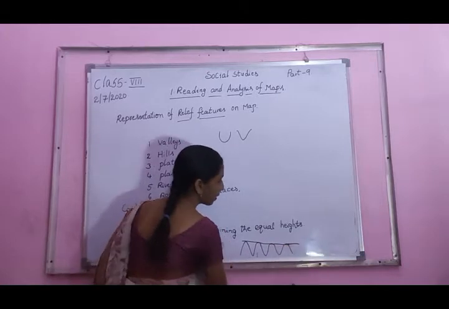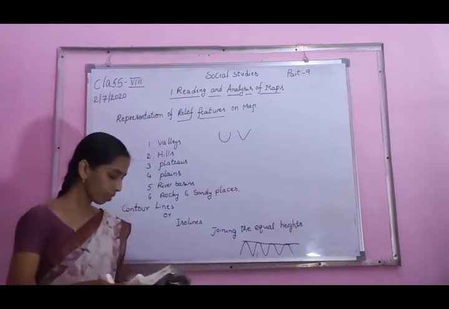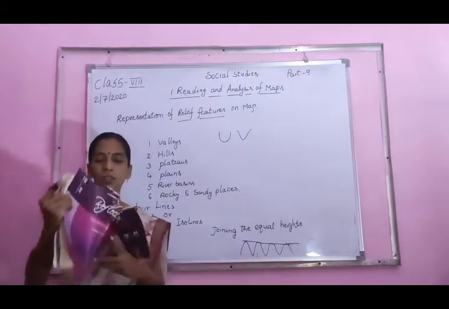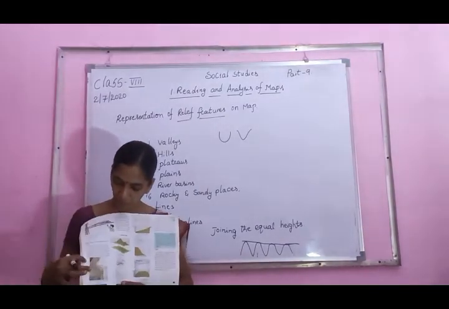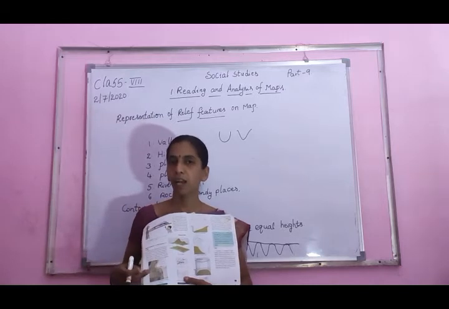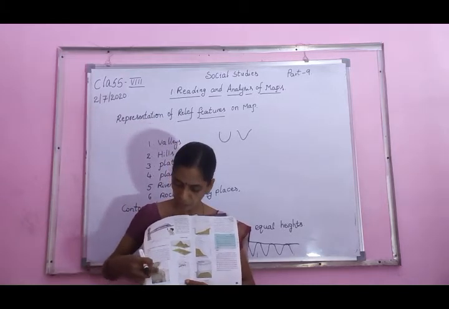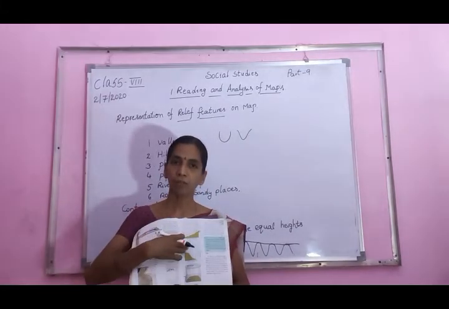Which place do we calculate it from? Sea level. Look in your textbook, different types of maps are there. This map tells us the high and low patterns, the high and low areas. Observe carefully. The remaining ones are contour line shapes.